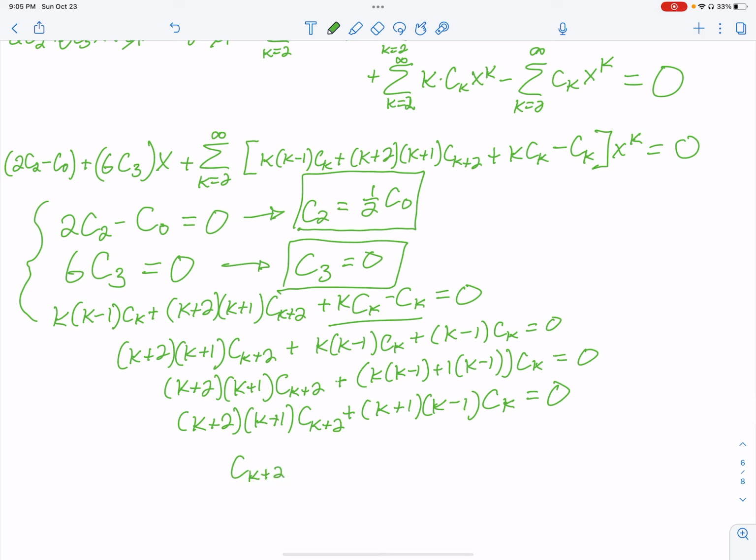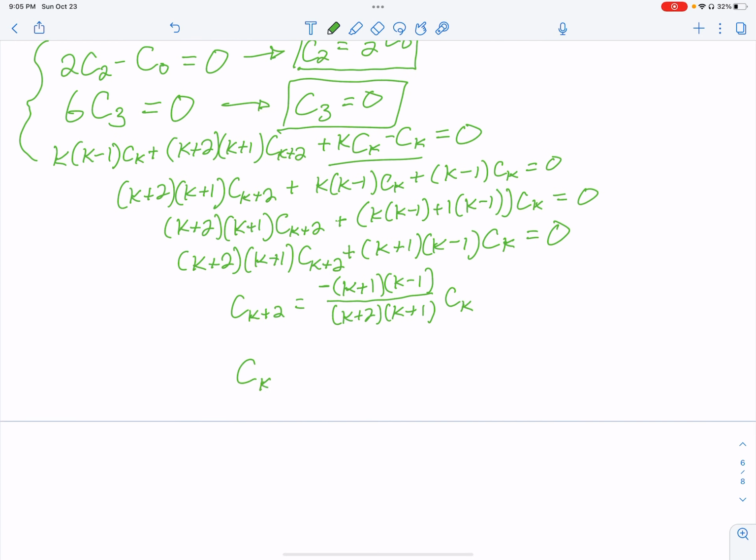If I subtract the right term and divide, I get k plus 1, k minus 1, over k plus 2, k plus 1, ck, and then doing that, I had to subtract it over. The k plus 1s are going to cancel now.